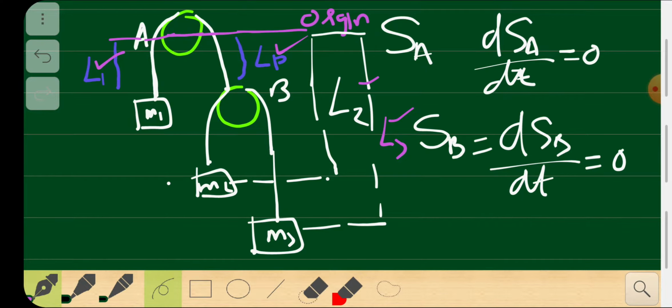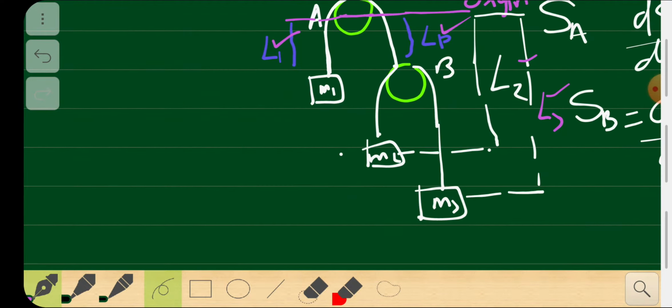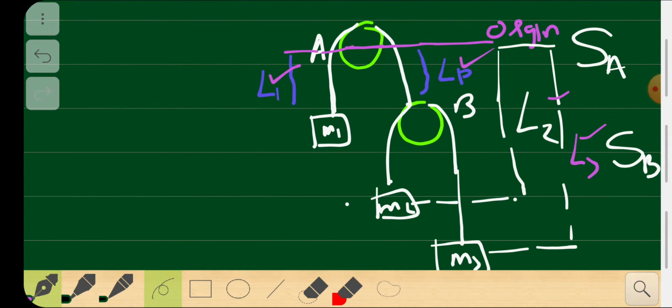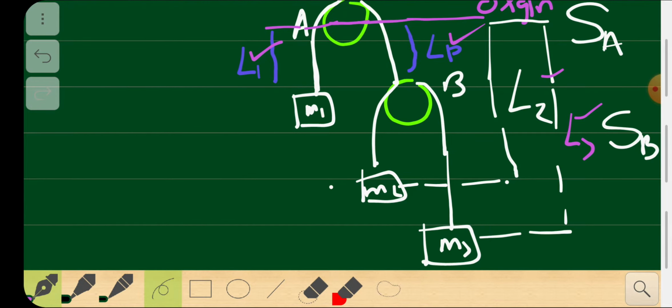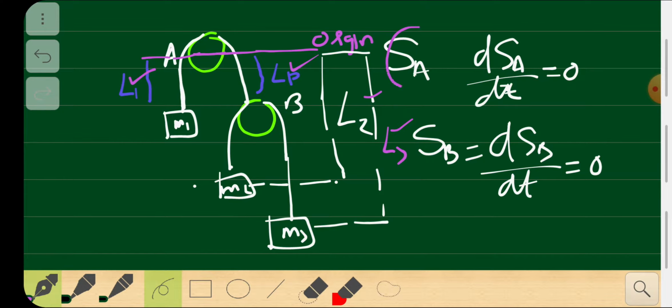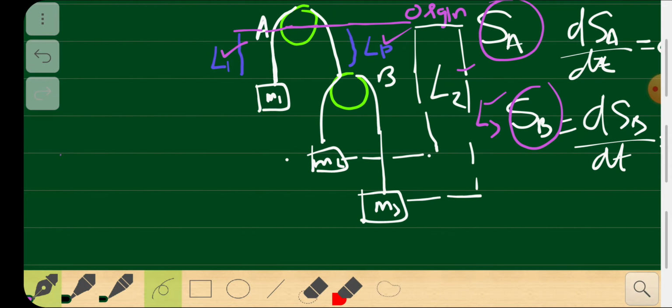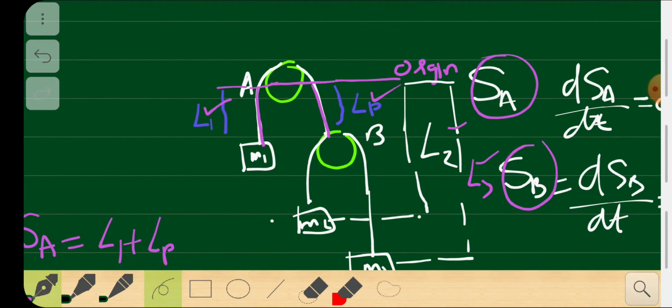Now I have to write down what the length S is. So what is the length of string A and what is the length of string B, right? String A will have this much length plus this much length, so that will be L1 plus L pulley, plus the curved distance.